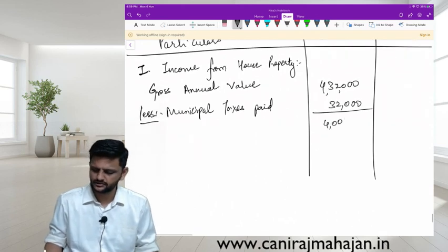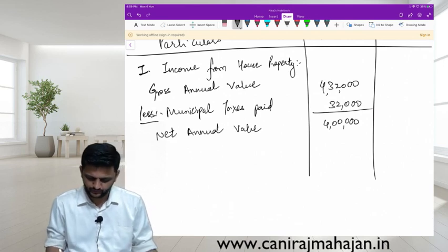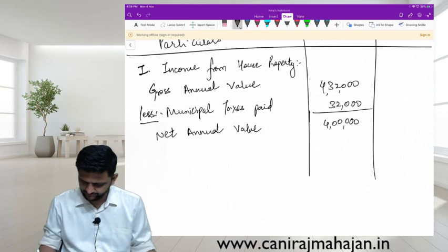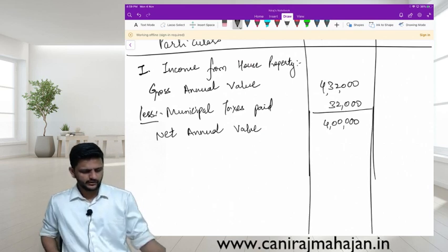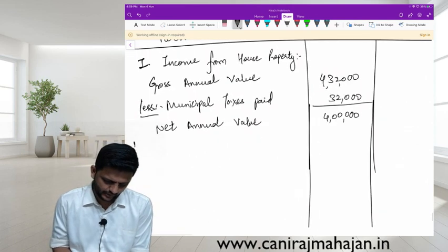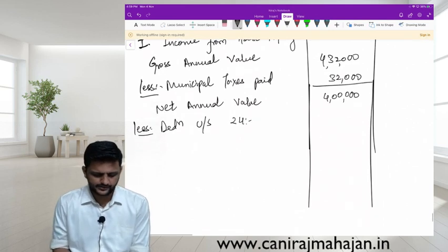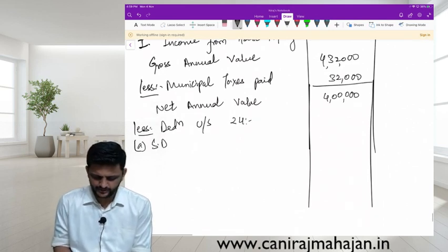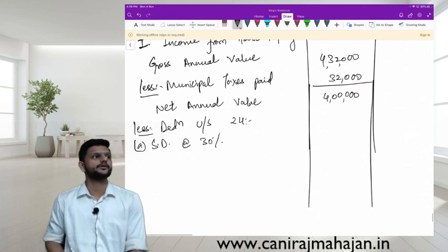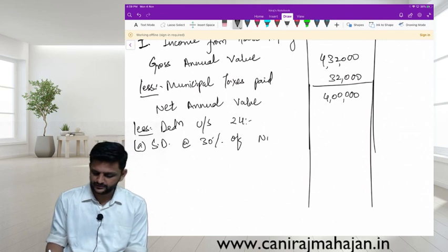4 lakh is, do you remember? Net annual value. Yes. So give me income from HP final figure. 1 lakh. Very smart. So less deduction under section 24. A is standard deduction at the rate of 30% of NAV. 1 lakh 20.